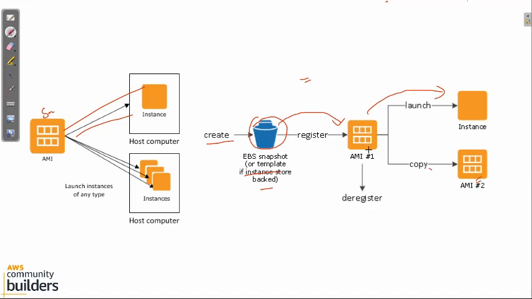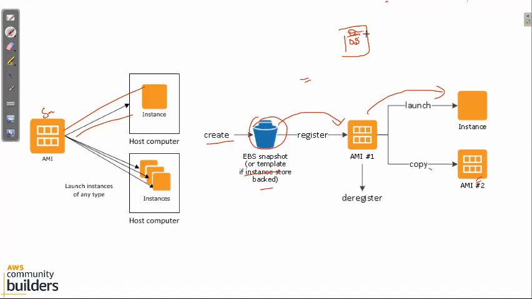Now this is a template, and suppose I want to make some changes to it. How can I do that? I'll have to deregister it. Suppose I have created an instance, and in that instance I have an OS on which I'm creating an application, say a JavaScript or Node.js application.